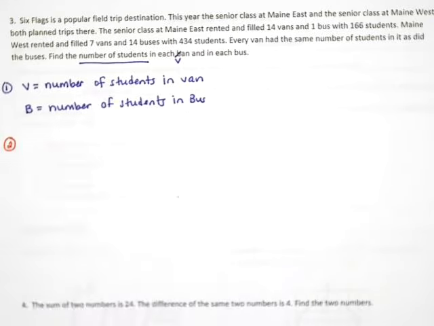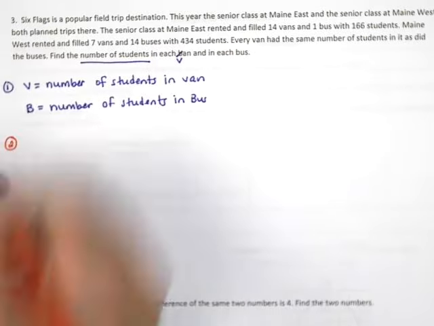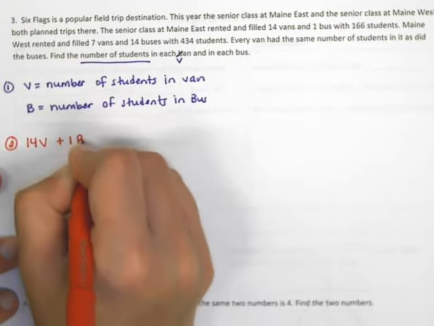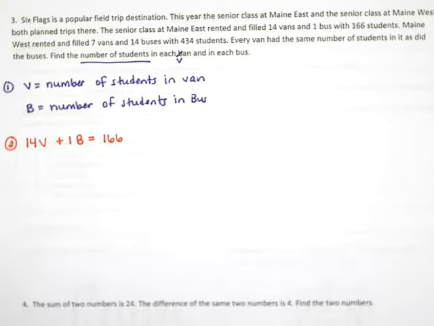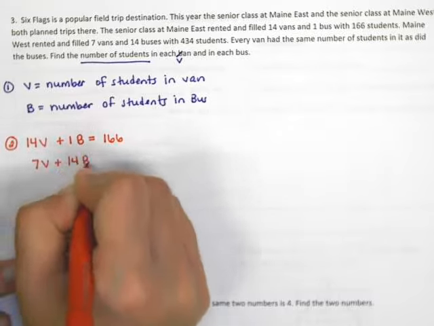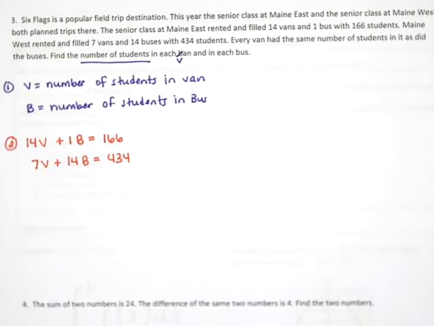The first sentence says I filled 14 vans and one bus with 166 students, so I would say 14V plus 1B equals 166. The second sentence says I filled 7 vans and 14 buses with 434 students, so 7V plus 14B equals 434.